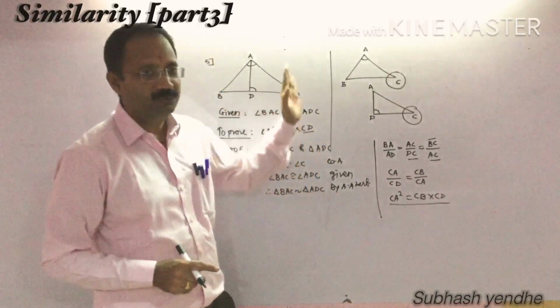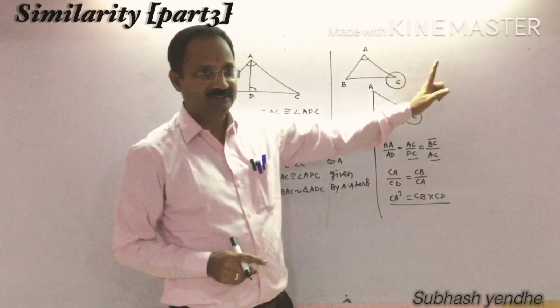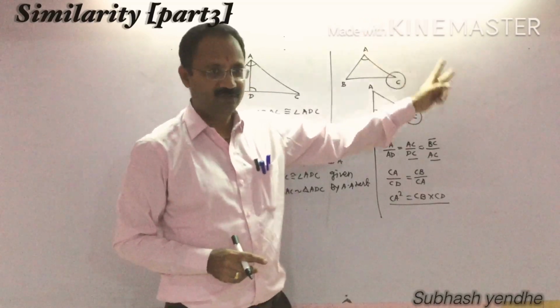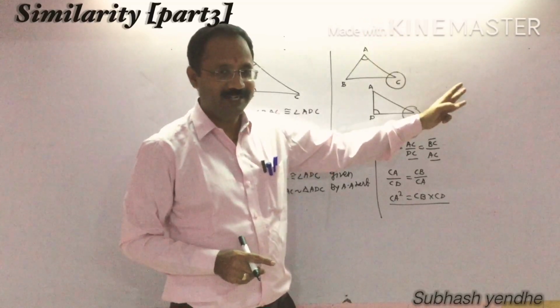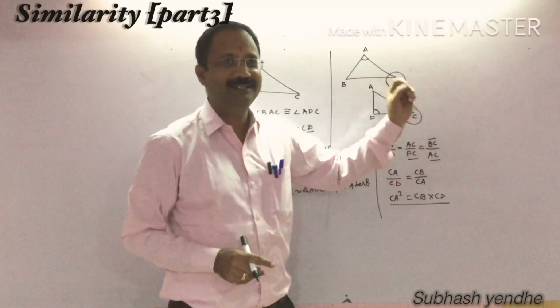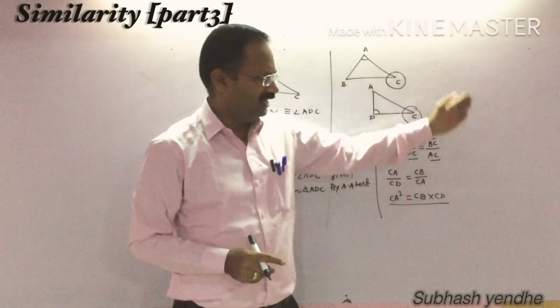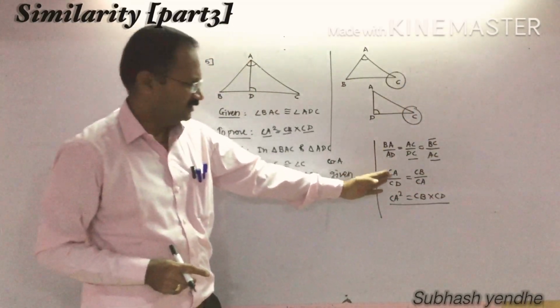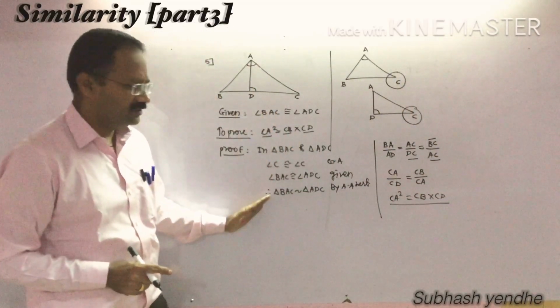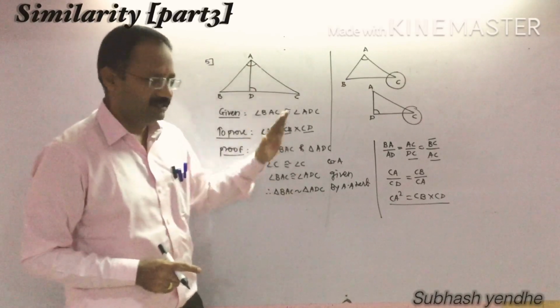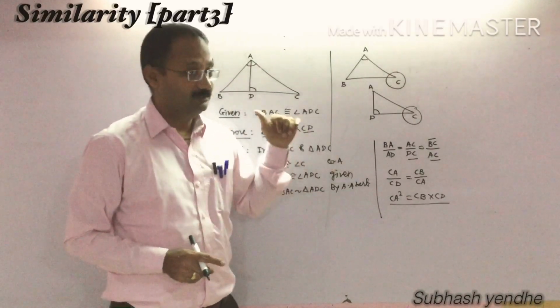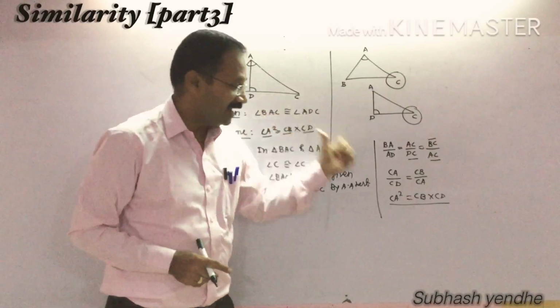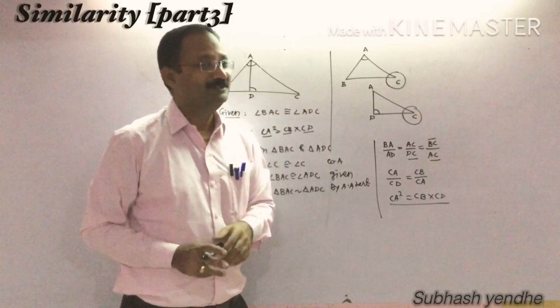And for that, we have to use 5 angles: alternate angle, corresponding angle, vertically opposite angle, each of 90 and common angle. Find all 5 angles, then you will get the second angle and show the triangles are similar. If the triangles are similar, then sides are in proportion. You will get the answer immediately.